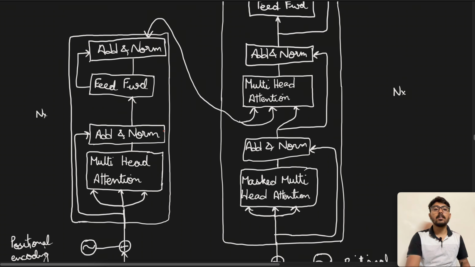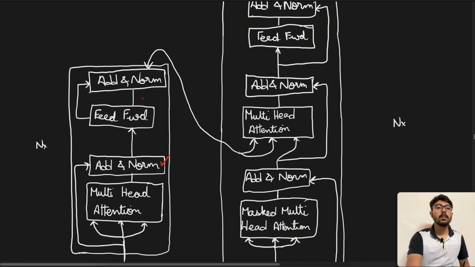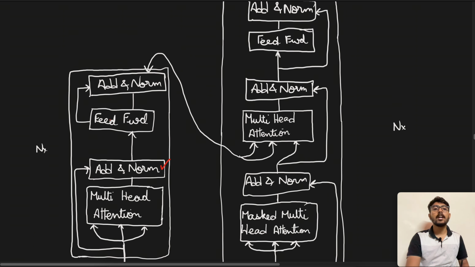Then the next step is basically add and normalization. Throughout the diagram we'll see that in many steps transformers undergo repetitive addition and normalization in order to keep the scale factor of the numbers in check. Next, the feed forward mechanism for the neural network, and finally again add and normalization, right?